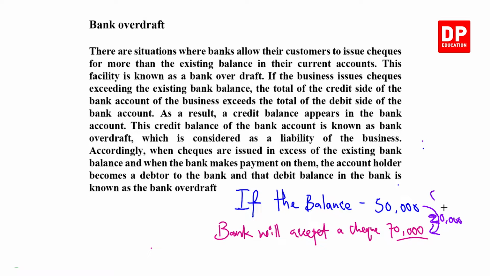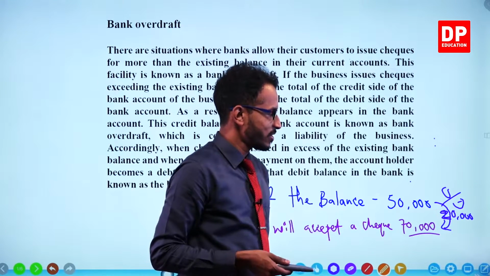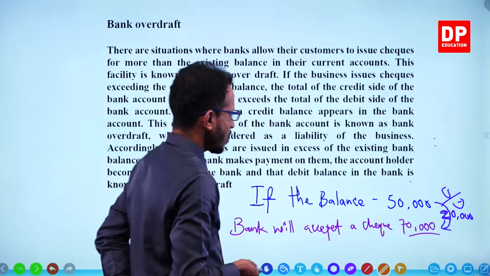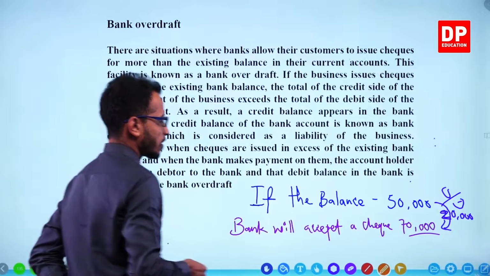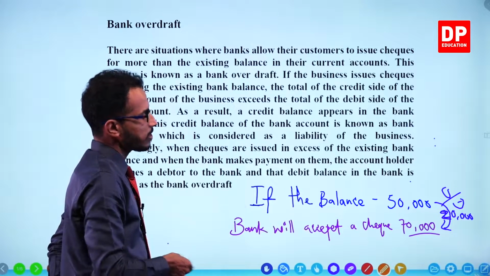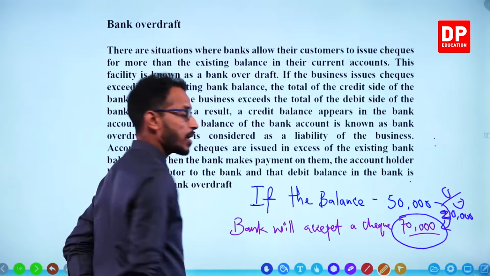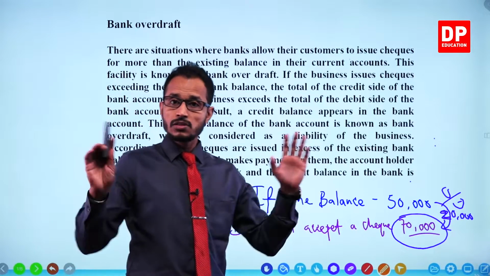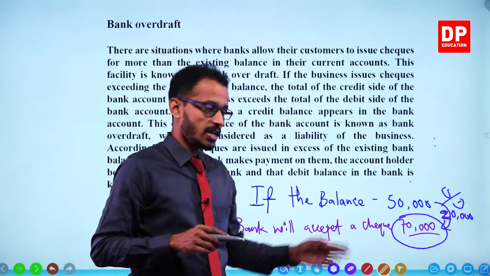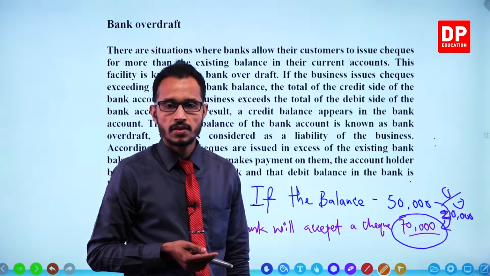This is the OD. That is the OD amount, 20,000. The bank will accept a check of 70,000 and provide the money. The entire 70,000 will be provided to the customer. The bank will not say no because of insufficient funds.